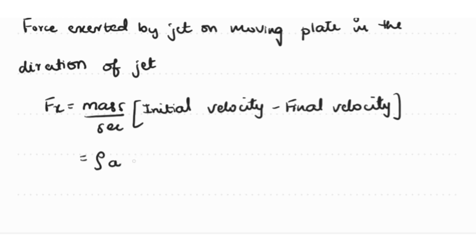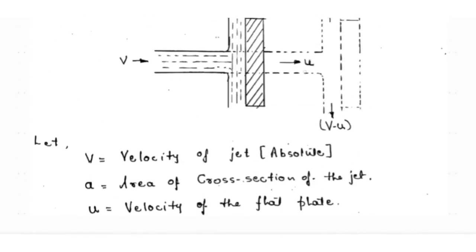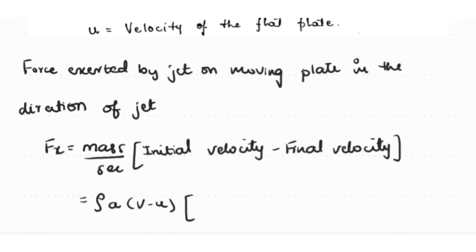The velocity is nothing but the relative velocity, the velocity with which the jet strikes the plate. So that is equal to v minus u. The initial velocity is the velocity before striking. You can see that is nothing but equal to v minus u here.